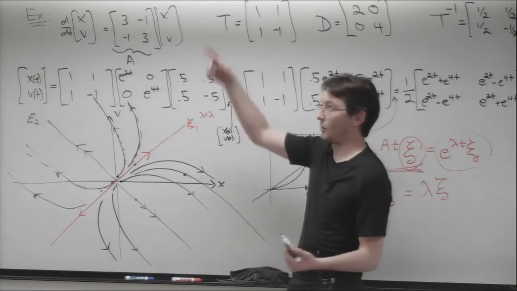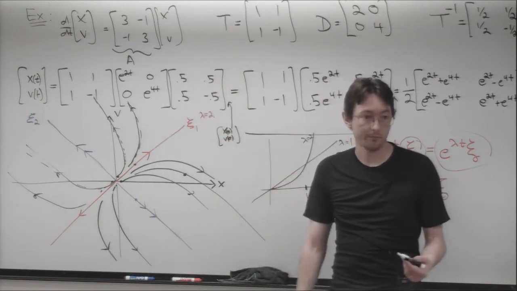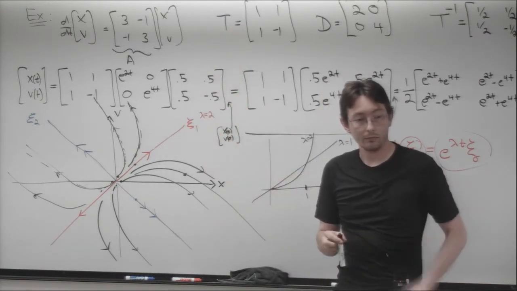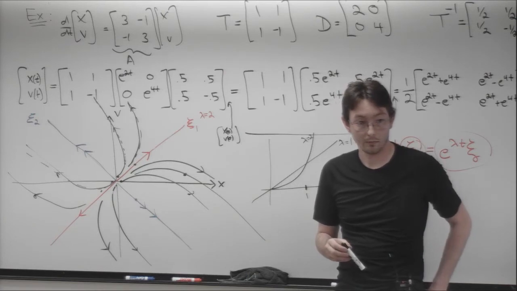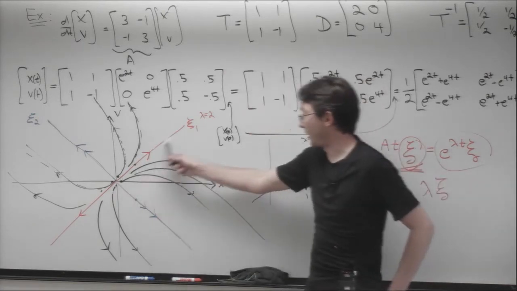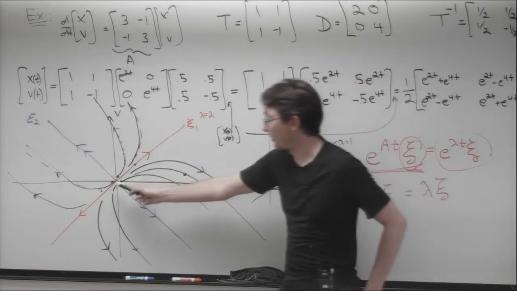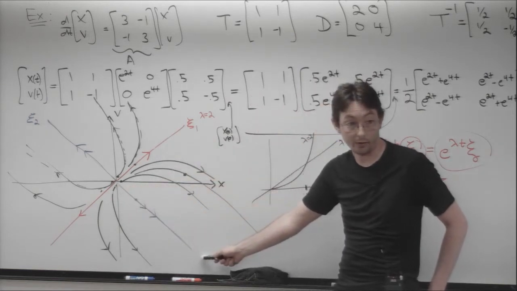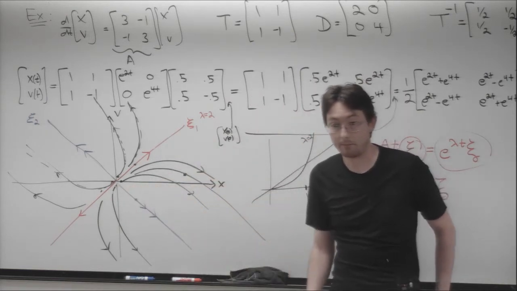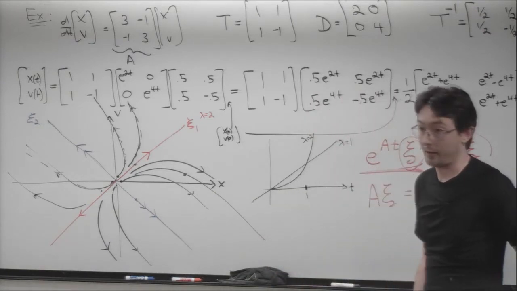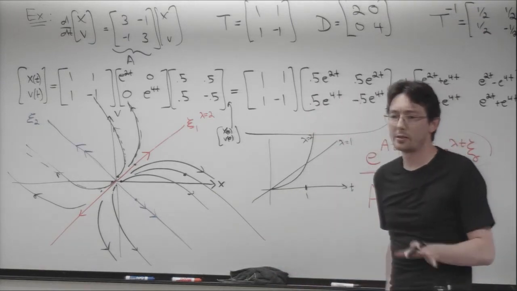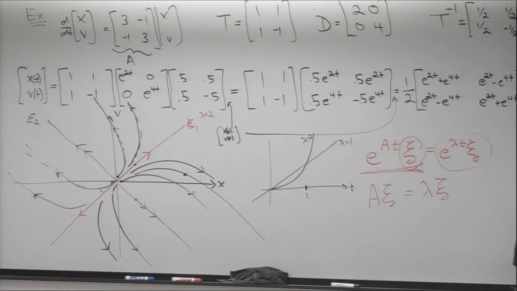Sorry, e to the 2t. It does mean that x and v will be equal. If I start on this line, x and v will always remain equal. If I start on this line, x and v will always remain equal and opposite, always. They're exponential, yeah. Okay, let's do some more examples. Hopefully this will become more clear.